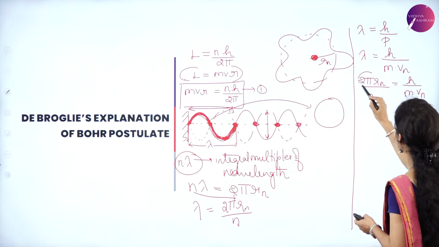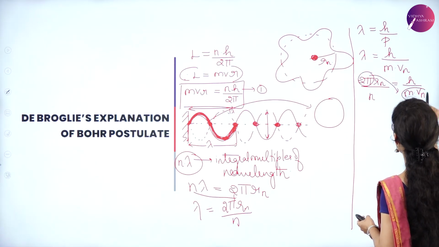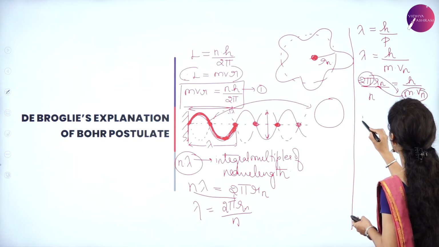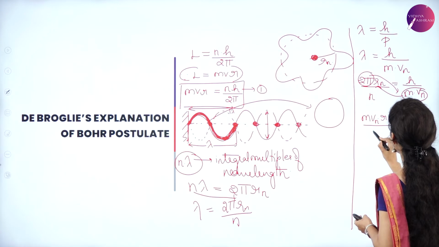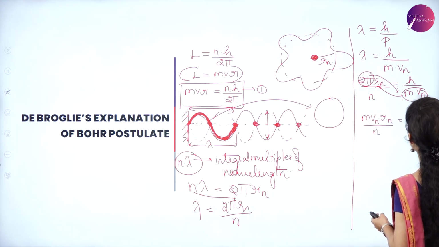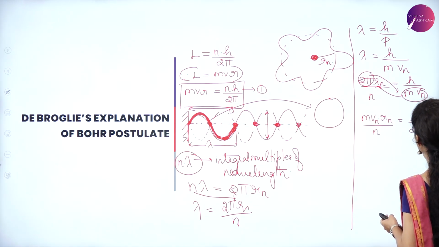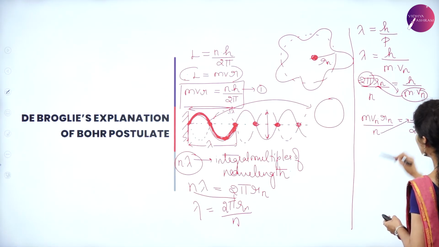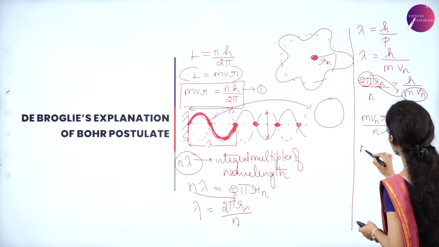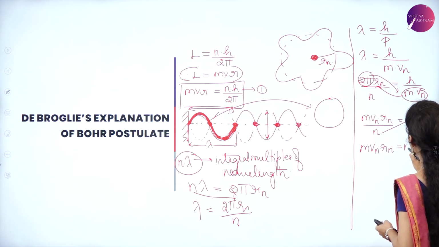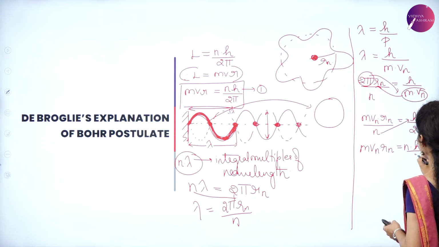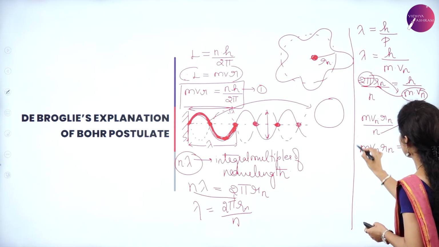Take your 2 pi to the other side and carry your m v to the other side. So we have m v subscript n into r subscript n divided by n, which is equal to h divided by 2 pi. Take your n towards your right hand side. You have m v subscript n into r subscript n is equal to n into h divided by 2 pi.